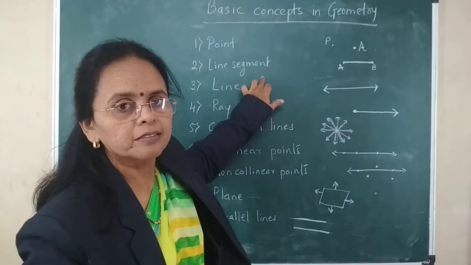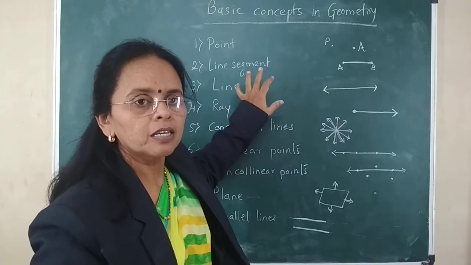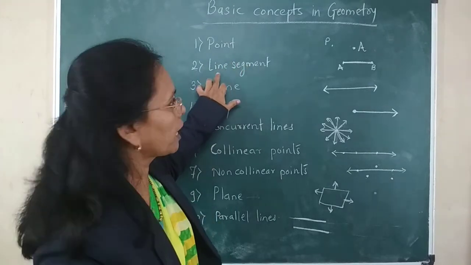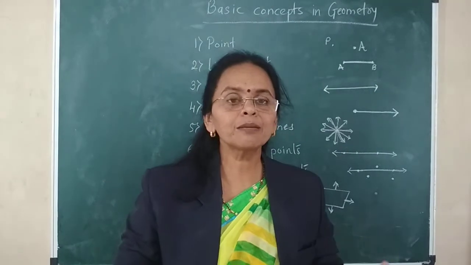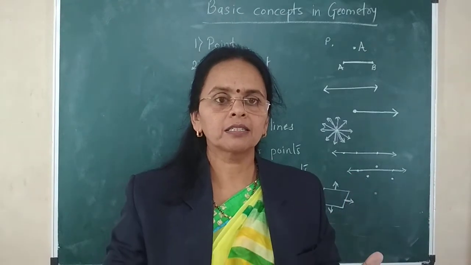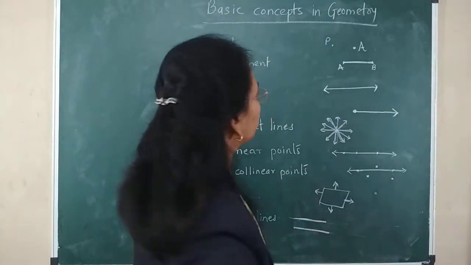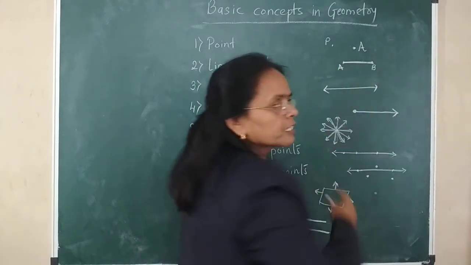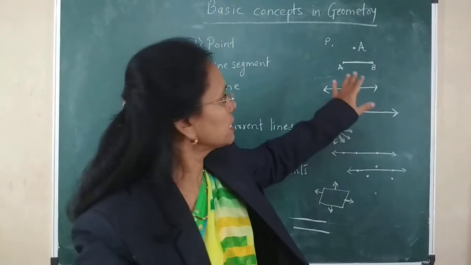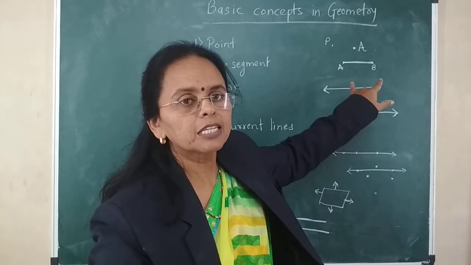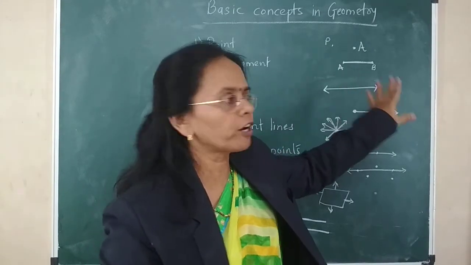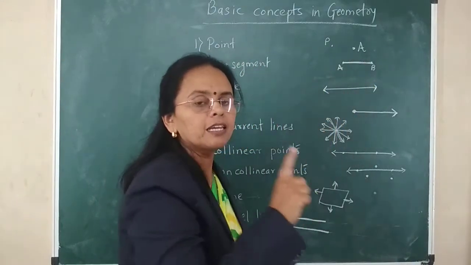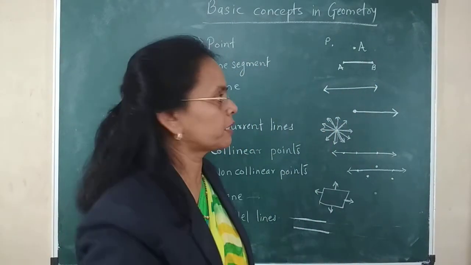The meaning is hidden in the word itself. Line means line. Segment means part. The line which makes a part by giving the two points is called a line segment. A line segment is drawn between the two points and it can also be named by any capital alphabet.